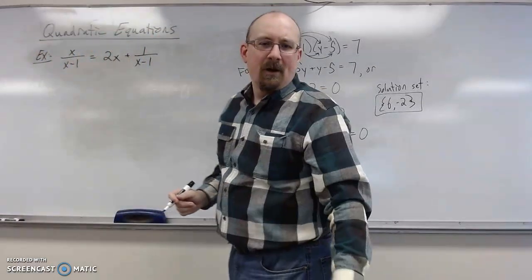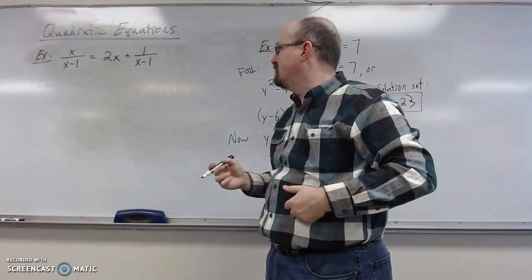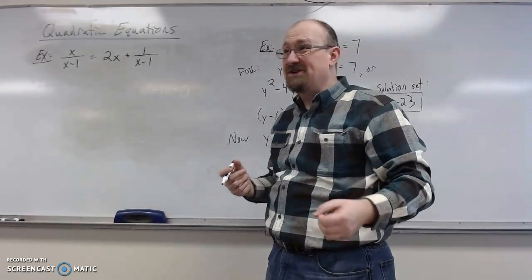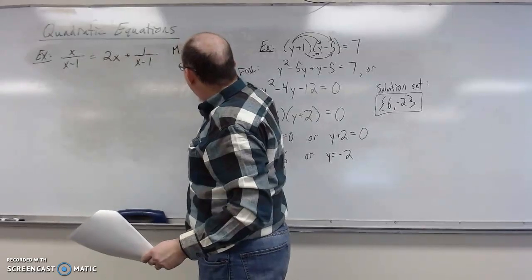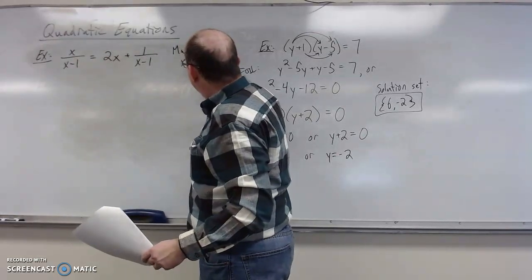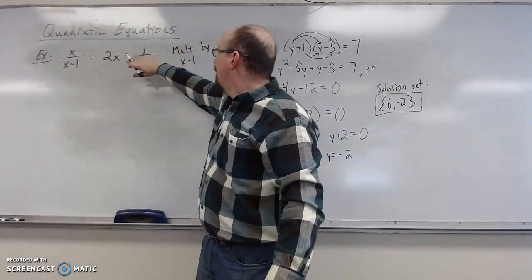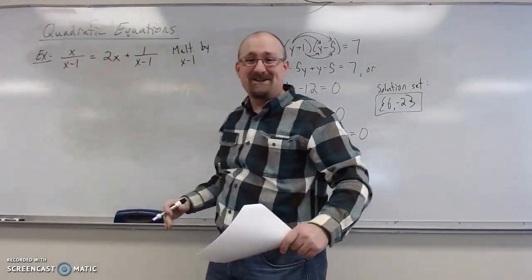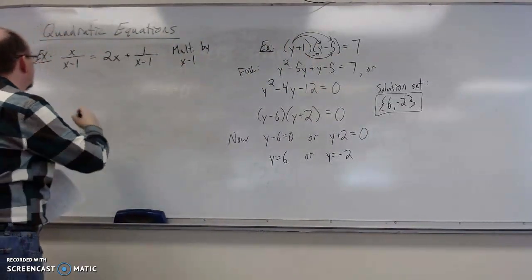Now the catch is, hopefully you remember this from what we were talking about in the previous chapter. When we've got the variables in a fraction, we're going to clear the denominators. So we're going to multiply by x minus 1, and that gets rid of this denominator, that gets rid of that denominator. That guy is going to be 2x times x minus 1, because remember, we have to distribute that multiplication.